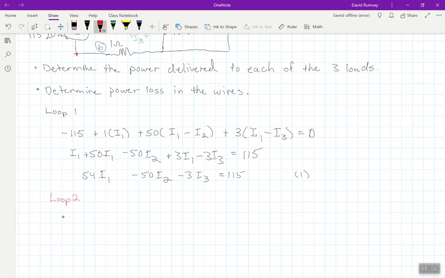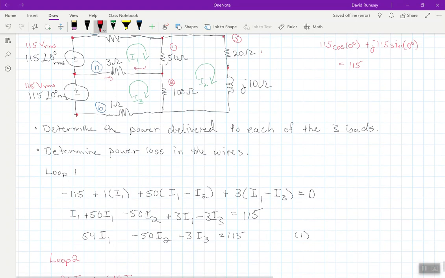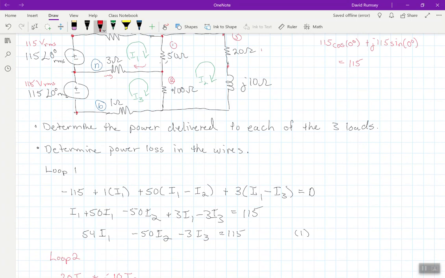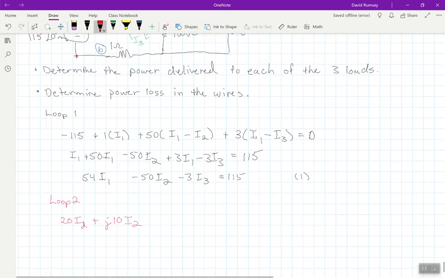So I would have 20 times I2, and then a j10 ohm inductor times I2. Then I'm going to flow around to this 100 ohm resistor. Thinking about I2 and I3, I2 would be going up, I3 is going down through that resistor.